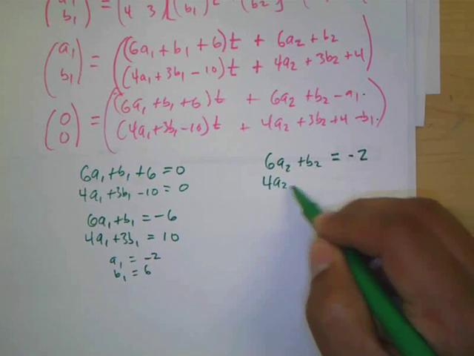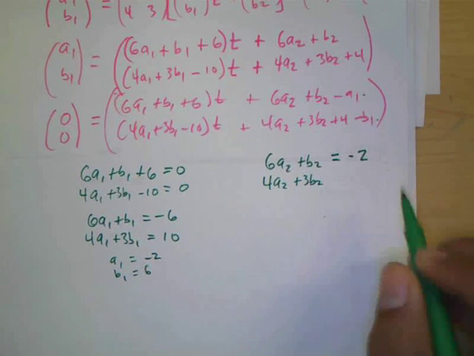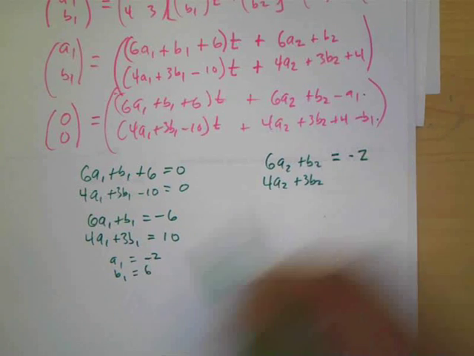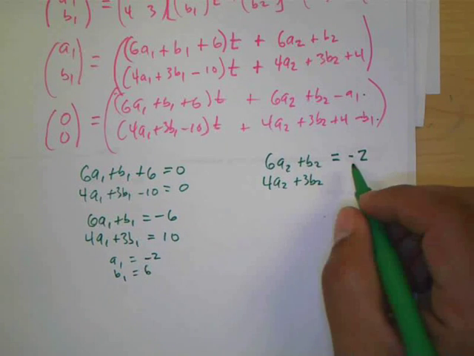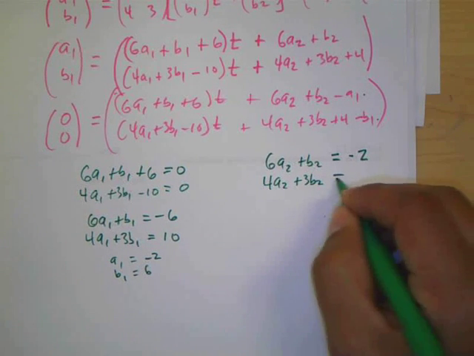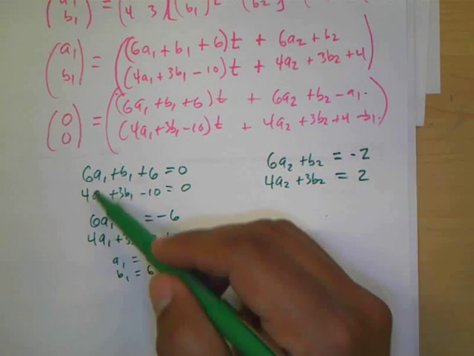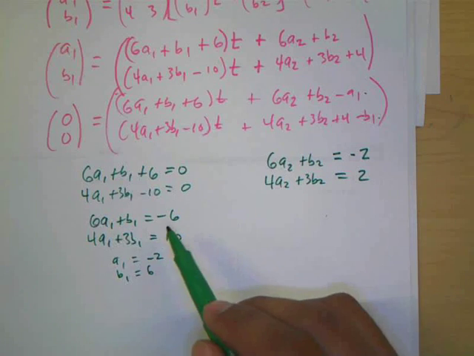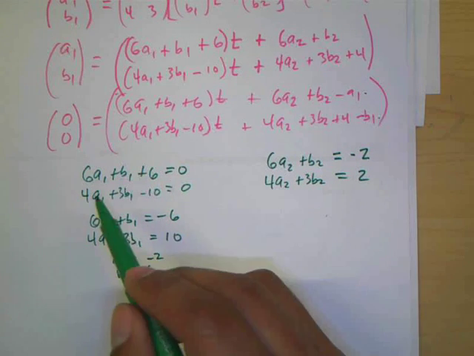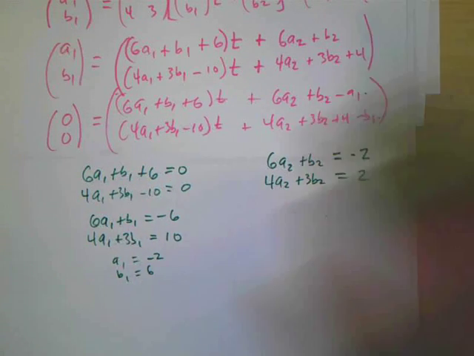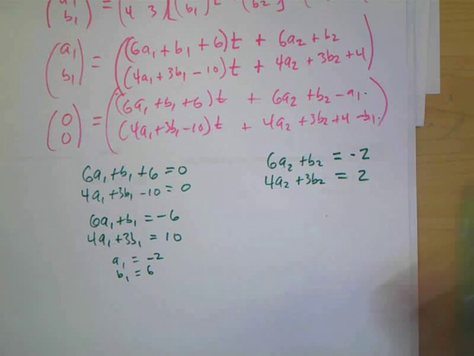And then 4a2 plus 3b2, let's see, 4 minus b1 would be negative 2, so that's 2 on the right. So even though this had 3 variables to start, once you have the first system solved for, what's typically going to happen is you're going to take the first system and plug those values into the next one, plug those values into the next one if there's more.